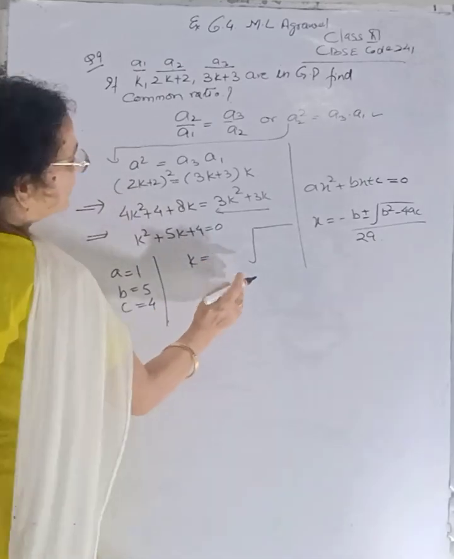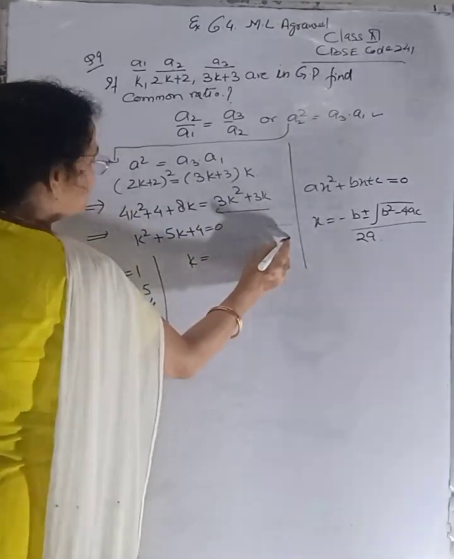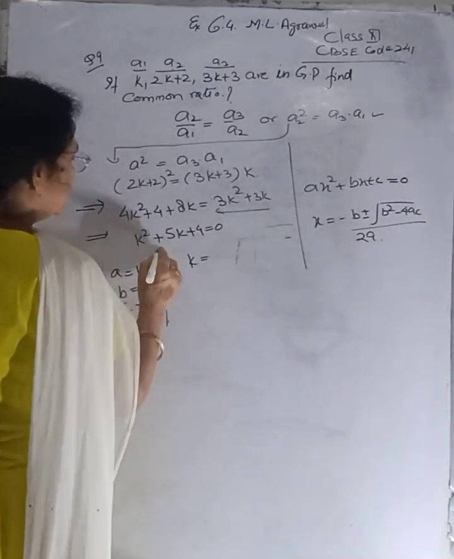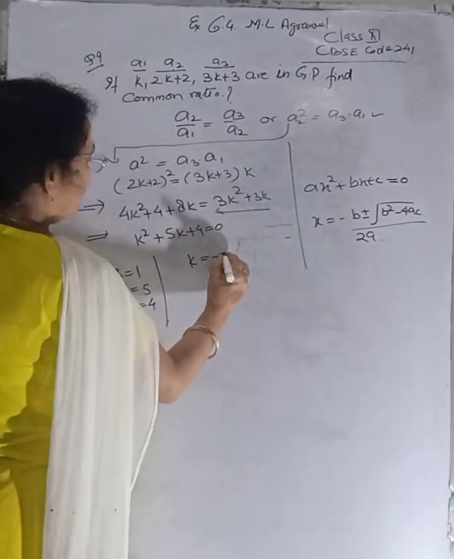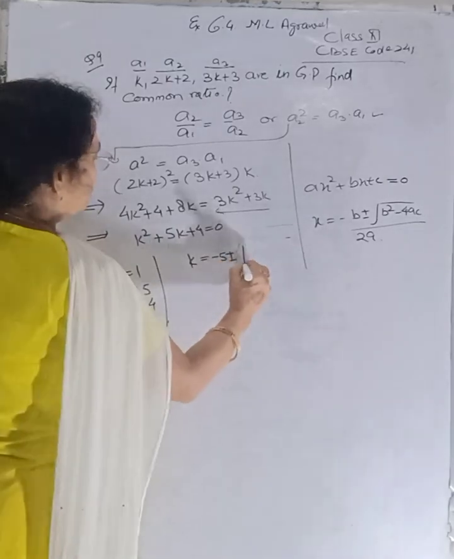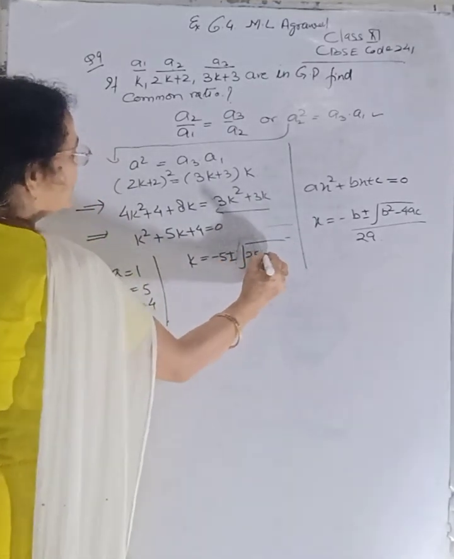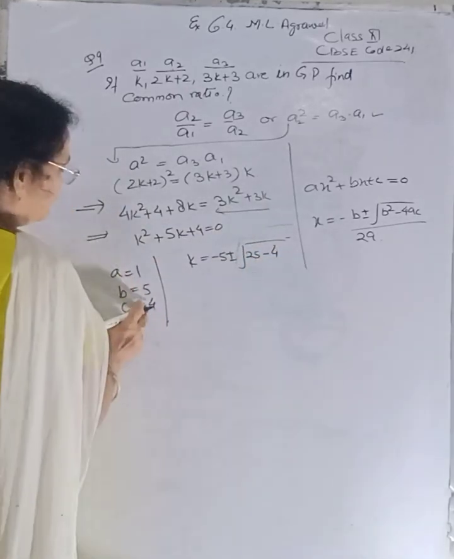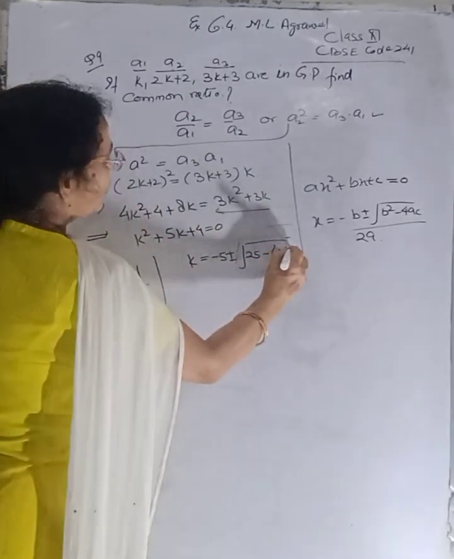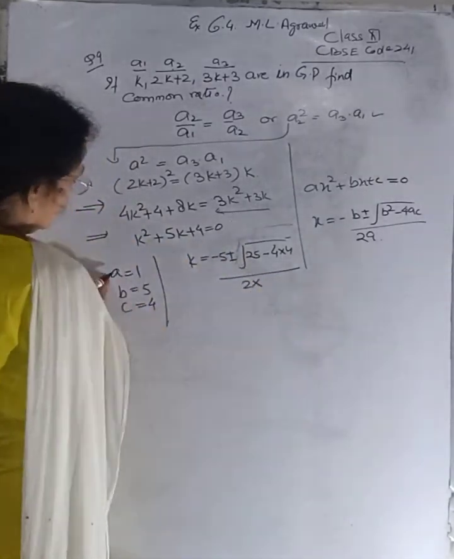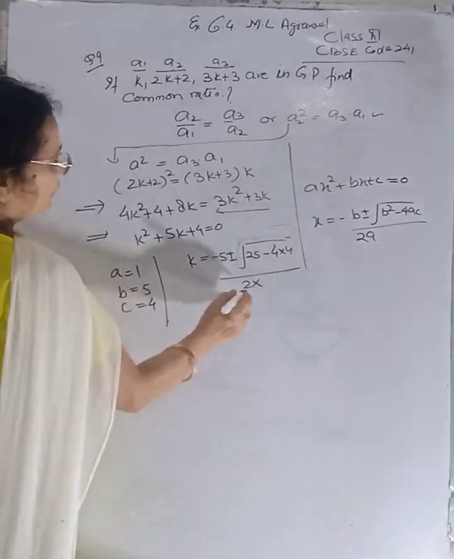Then the K value can be written as minus B, it means minus 5, plus minus root of B square, that is 25, minus 4 times A into C, that is 4, upon 2 times A, where A is equal to 1, B is equal to 5, C is equal to 4.